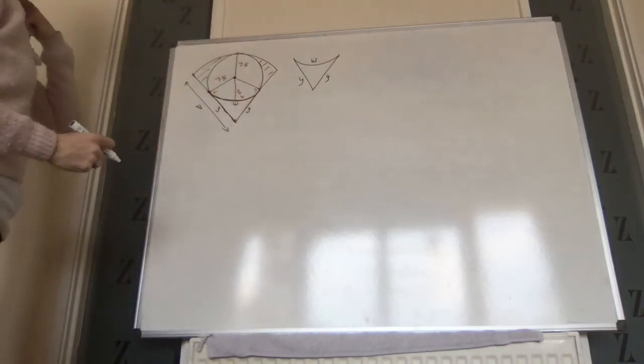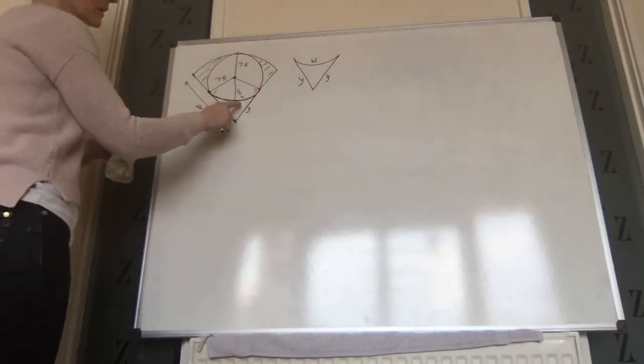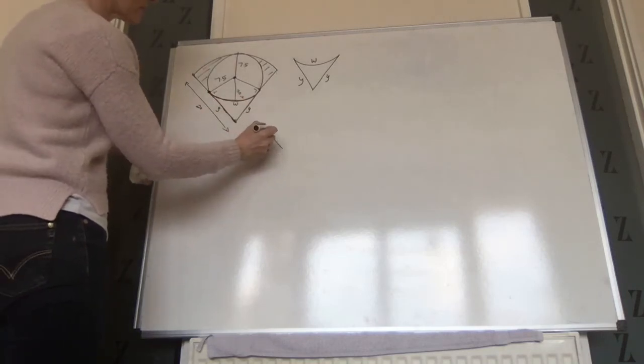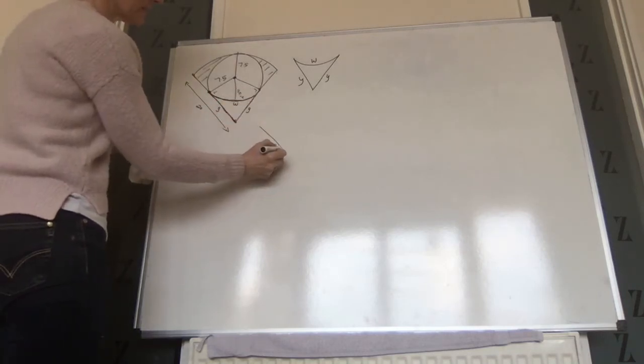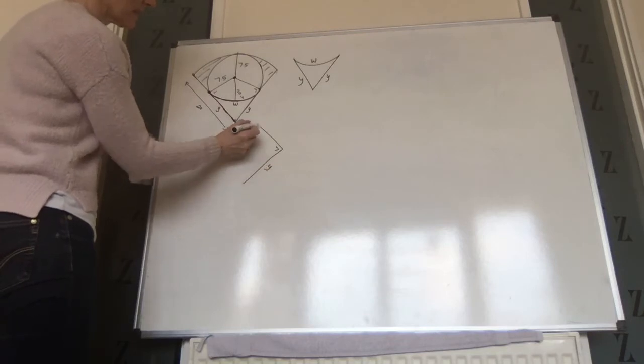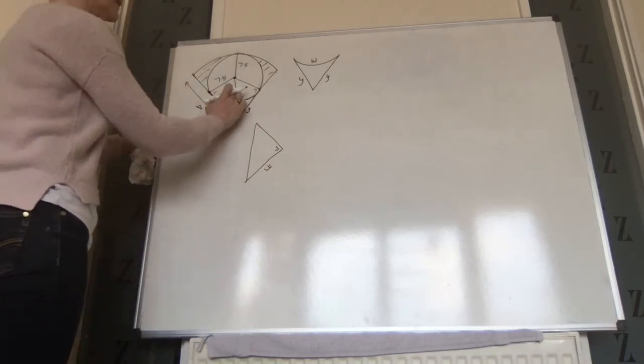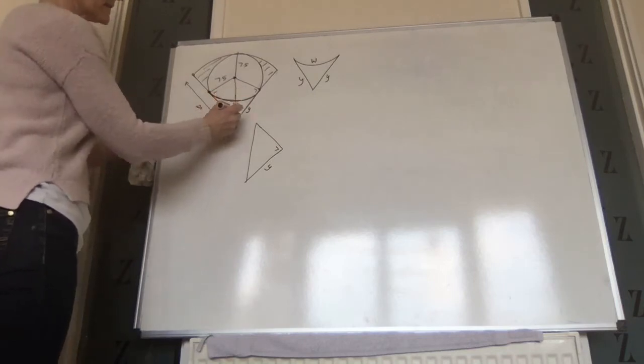Okay, now if I draw out that triangle again that we looked at earlier, there's our right angle, there's our y, and this piece here was our piece going down. Now, that's this full length here.